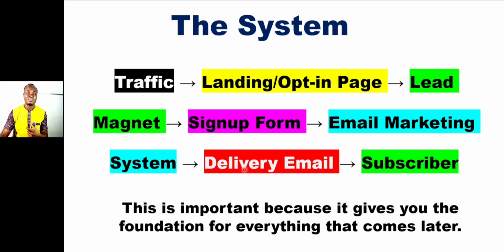That delivery email is an email that you send out to give the subscribers what they requested, because for signing up they are requesting something you are either giving for free or for a very little token, right? So when you send out that delivery email, they become your subscribers because they will be added into your email list.